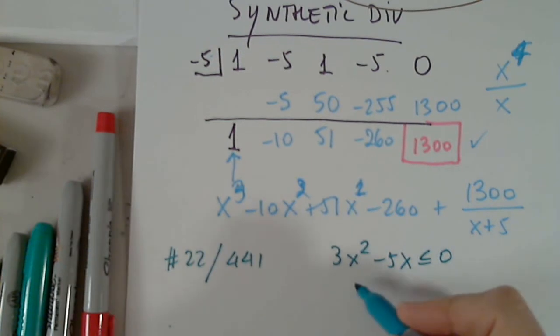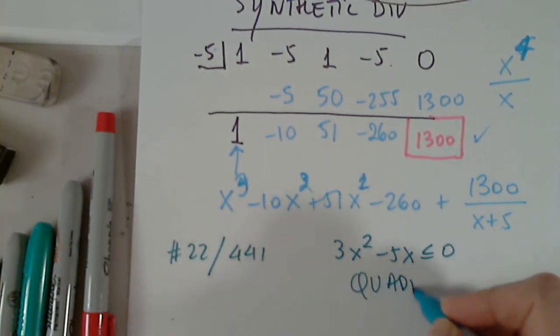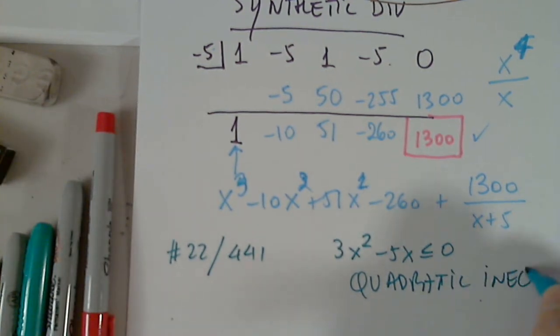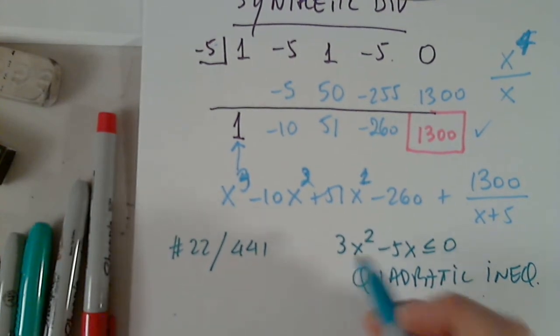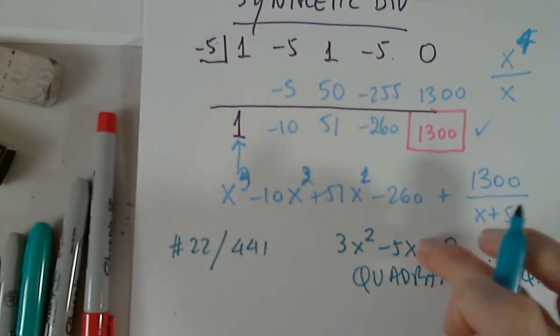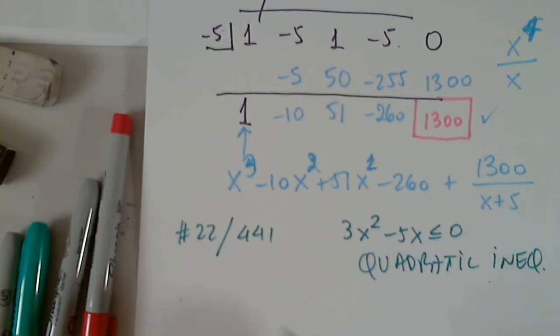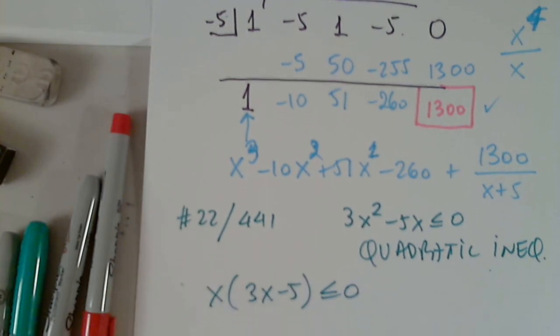This is a polynomial inequality, specifically quadratic. Quadratic inequality. We need to factor. That's the easiest. When the free term, the term without x, is missing, that is the easiest. We factor out x and we get x times 3x minus 5 less than or equal to 0.